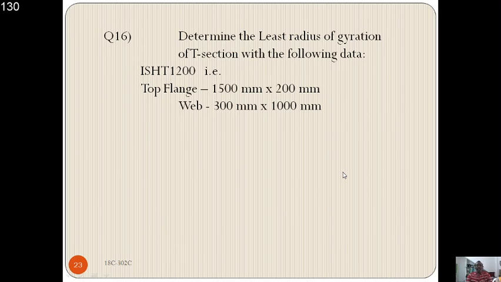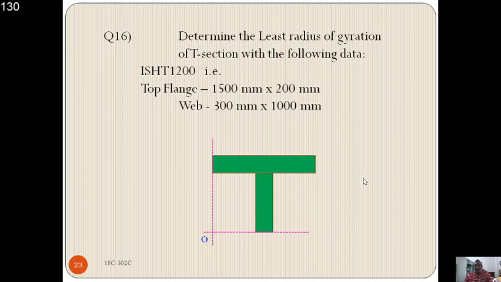With this knowledge, at your convenient time, try to find the least radius of gyration of the T section with the given dimensions. It is a simple request to solve the problem at home. Do the same procedure.